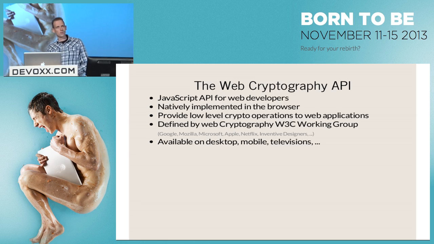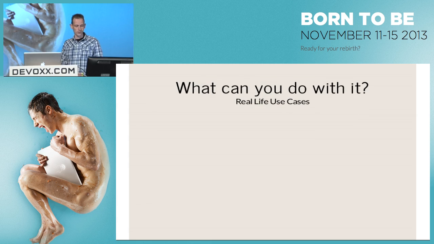Our goal is to provide a cryptographic implementation in the browsers, which is implemented natively, and that can be called from JavaScript. It will be available on desktop browsers, but also on mobile, on televisions, and all other devices that have a browser will probably get it.